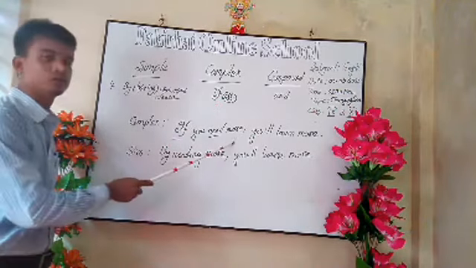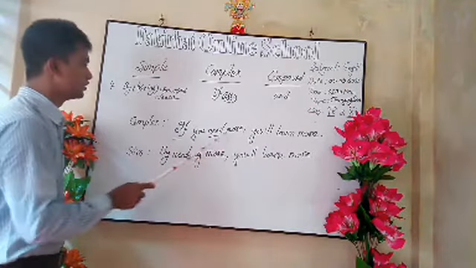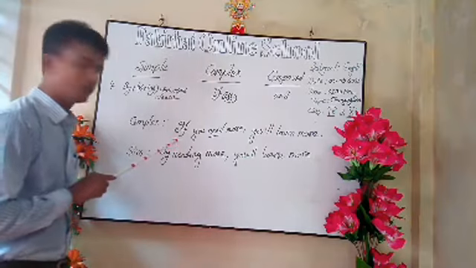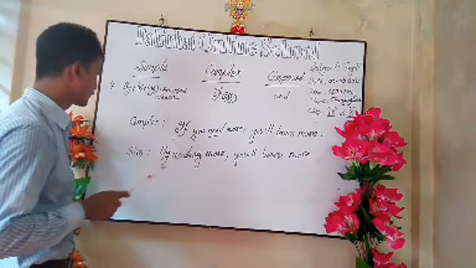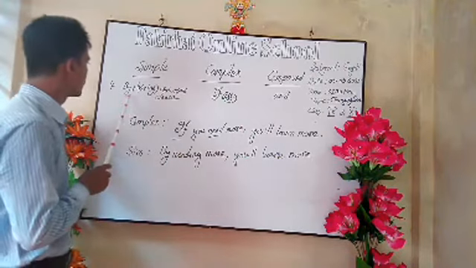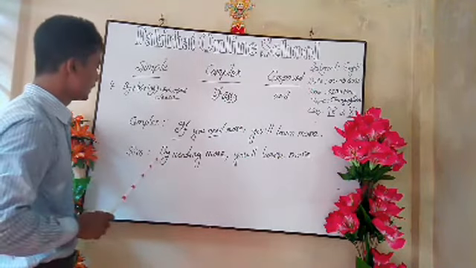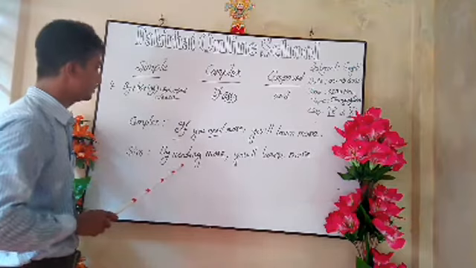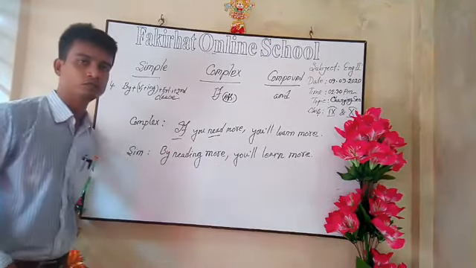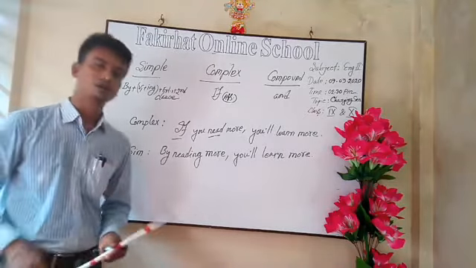If you read more, you will learn more. Two clauses, relative pronoun, so it's a complex sentence. Now we have to change it into a simple sentence according to the rule: by verb plus ing, extension, comma, second clause. I hope you have understood.